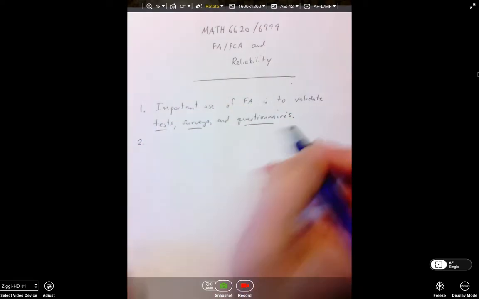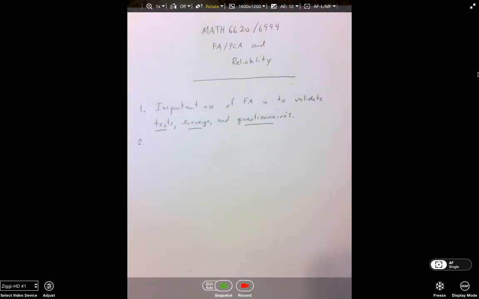As we move forward, what kind of potential research questions you're going to pose to me, and which ones I'm ultimately going to approve. But one thing I know for sure is that in almost every single master's thesis that we'll do, in some way, shape, form, or fashion, a test, survey, or questionnaire will be used and implemented in the study.